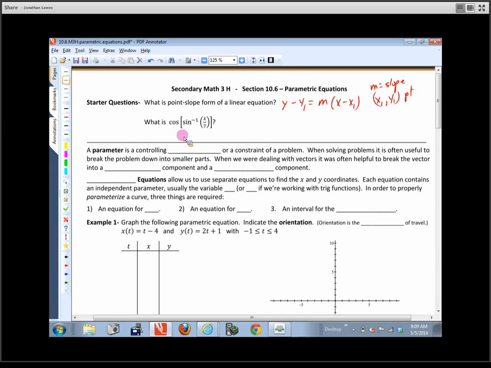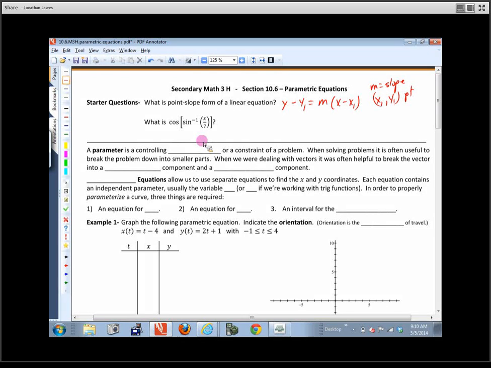We memorized it like this. Regular trig functions take angles and give ratios. So you put in an angle and it gives you a ratio. Inverse trig functions do the exact opposite. We put in a ratio and it gives us an angle.